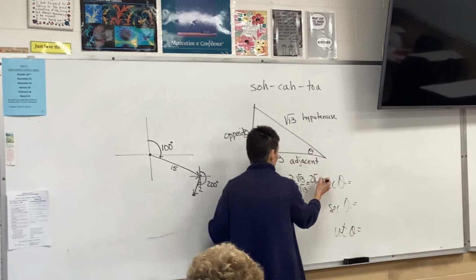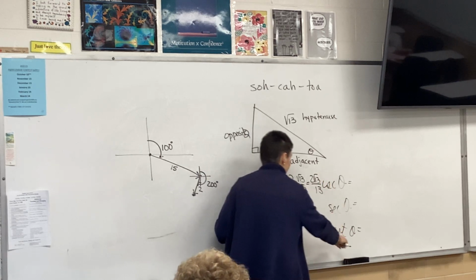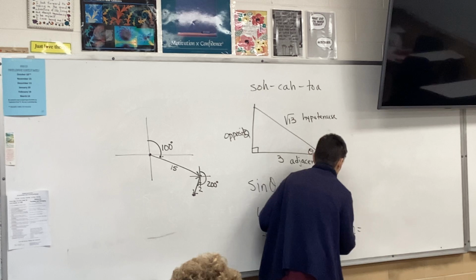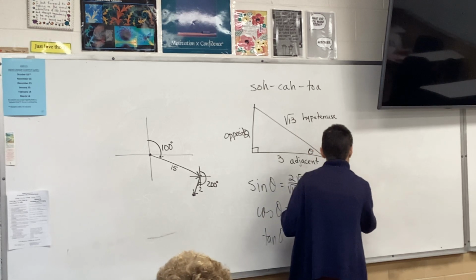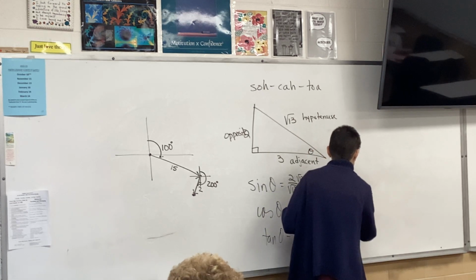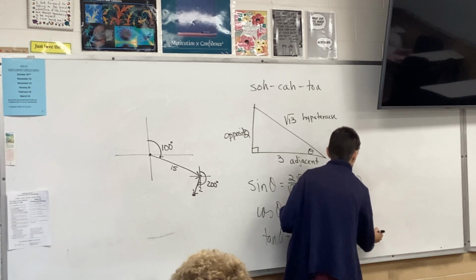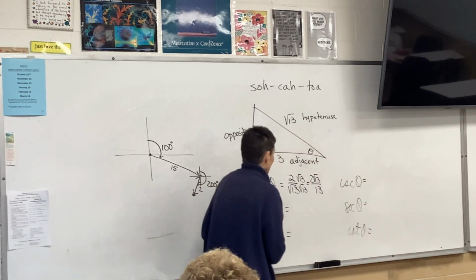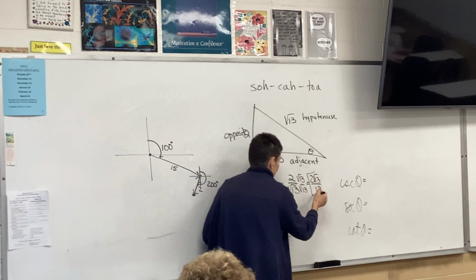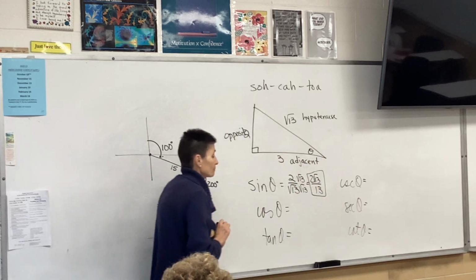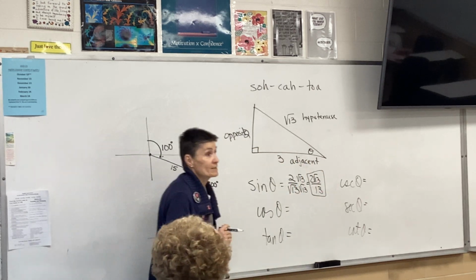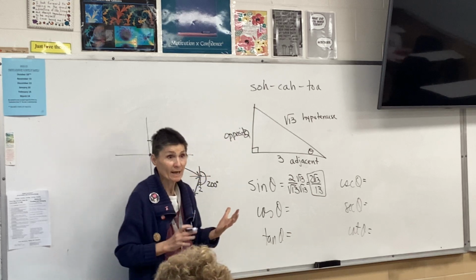So this is 2 root 13 over 13. So this is going to be my final answer. These guys are almost always going to have radicals, so you're almost always going to have to do some of this.